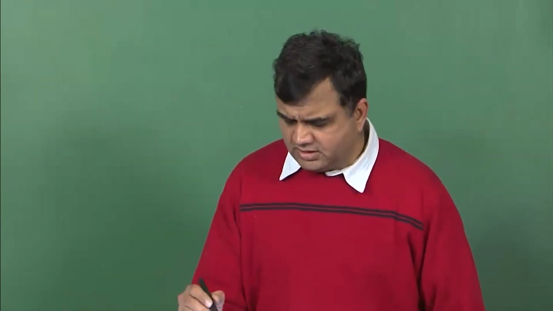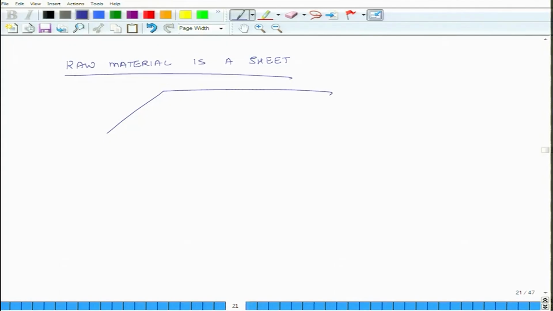So, here the raw material is a sheet, and this sheet is of some thickness. So, this comes in different thicknesses, and this sheet may or may not have continuous fibers. It can have randomly oriented short fibers or it can have continuous fibers, it depends what you want. But you can use this sheet to make parts also.